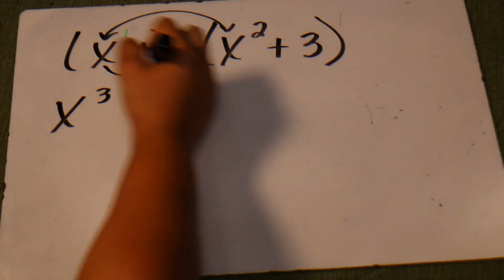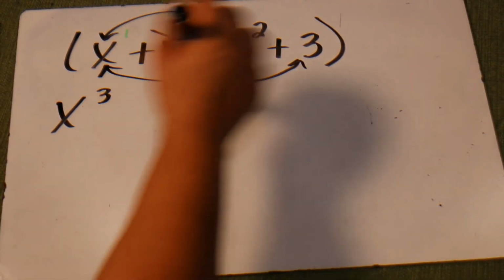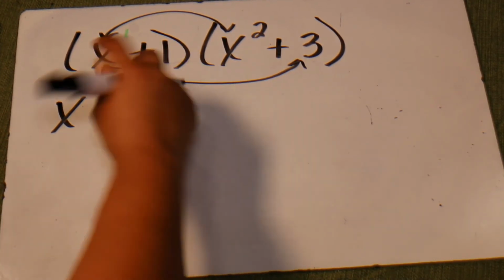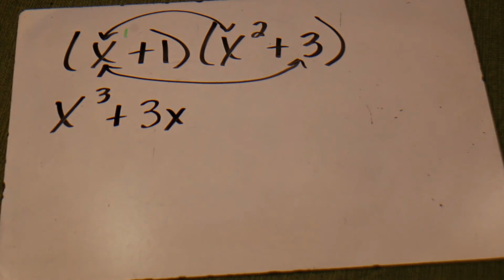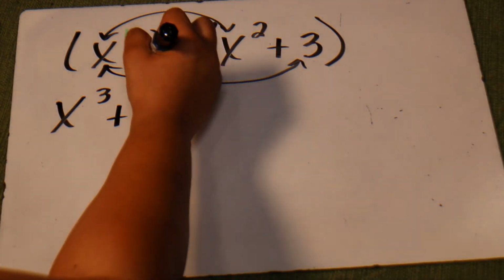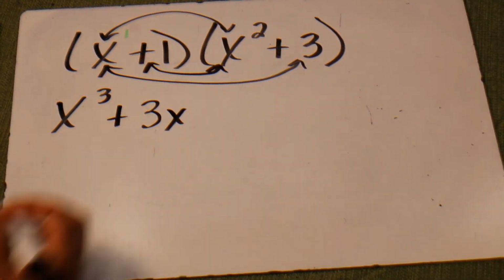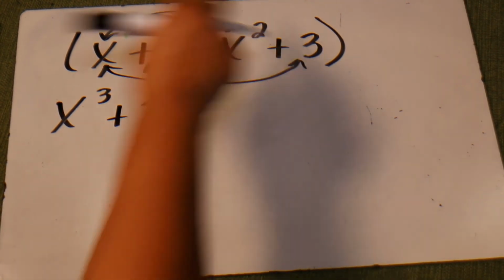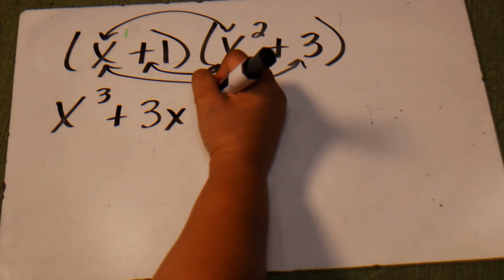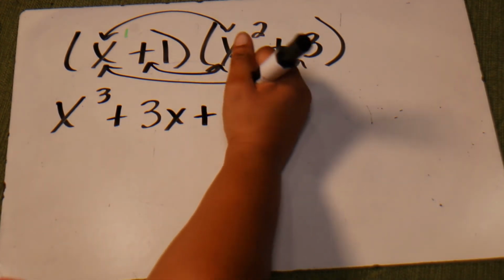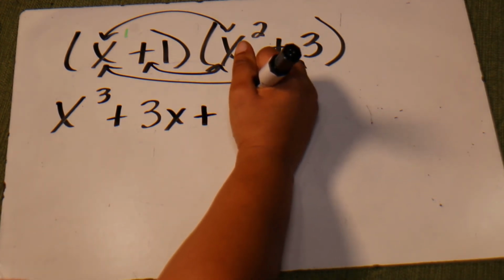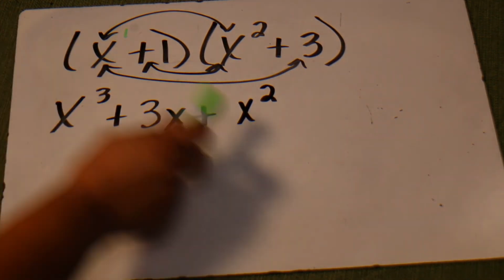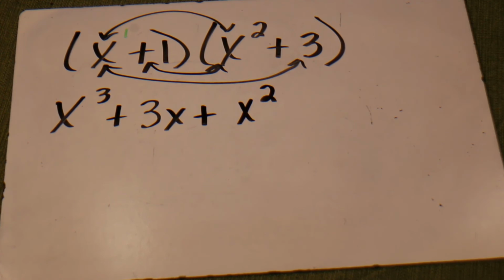Now we have our outer, and that's 3 times x. It's going to give you a positive 3x because both terms are positive. Okay. Then it's going to our inner. Okay. It's a 1 times an x to the second. So that is going to give you, it's positive, and it's going to give you x to the second. Now, remember with algebra, you never have to write the 1.